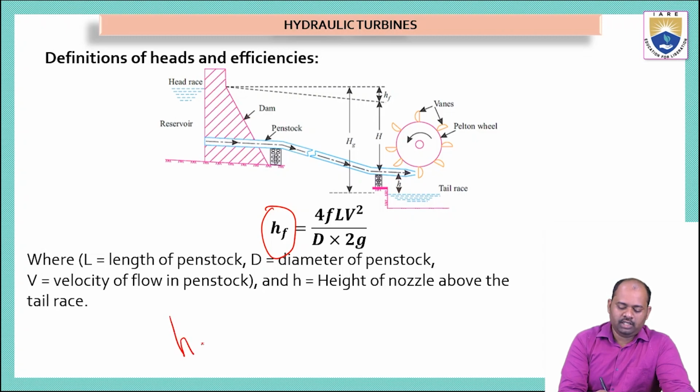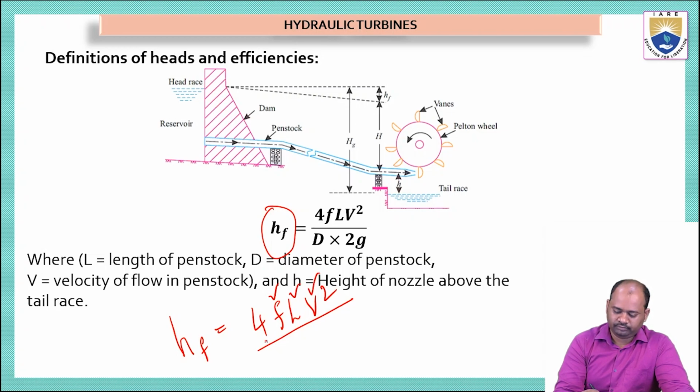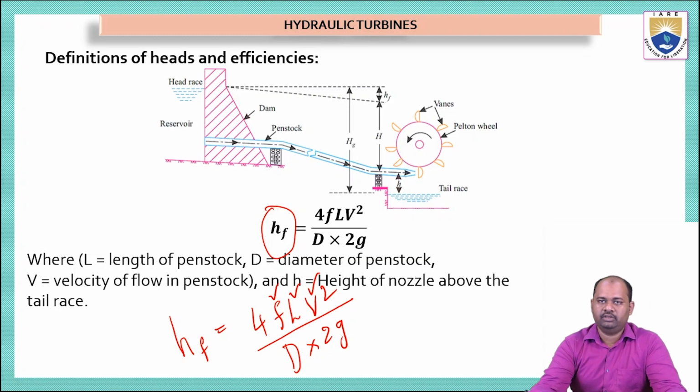Now, that is given by Hf is equal to 4FLV square, divided by capital D into 2 times the gravity. Here, F is nothing but the friction constant, L is nothing but the length of the pipe, V is nothing but the velocity of the water that is flowing through the pipe, and capital D is nothing but the diameter, and 2 times the gravity. So the gravity is also taken into consideration.